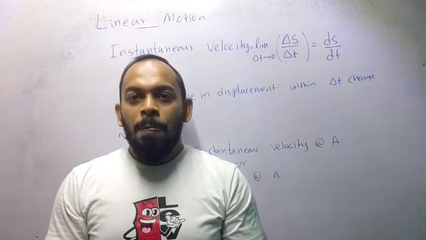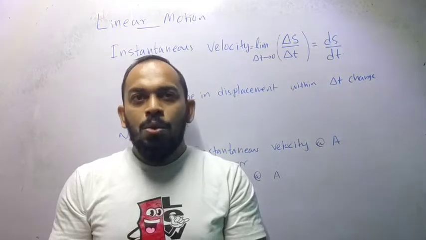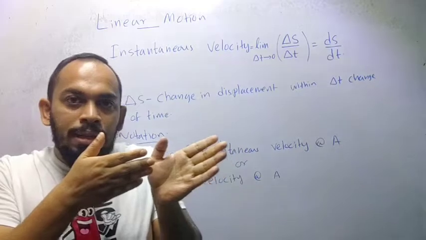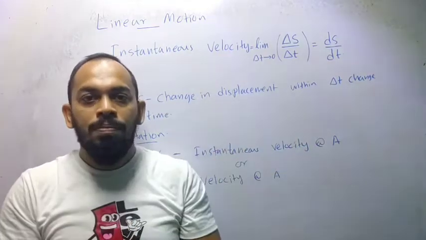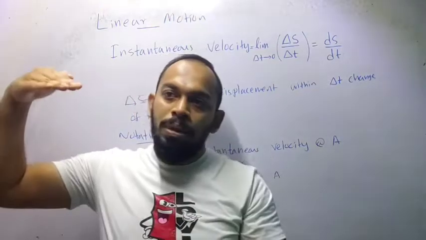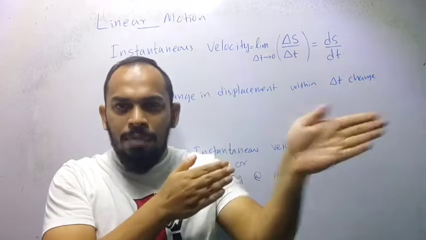So you learned the definition of velocity and the definition of speed. In linear motion, by linear motion I mean motion that takes place in one direction. So it could be horizontal, it could be vertical, it could be a motion in a plane, but it has to be in the same direction.